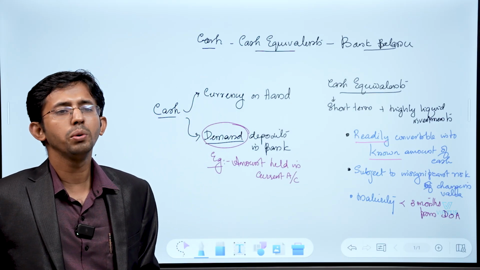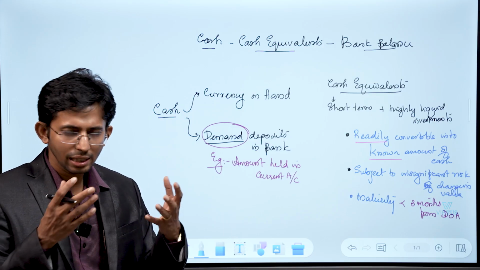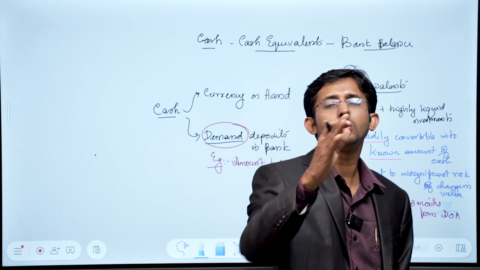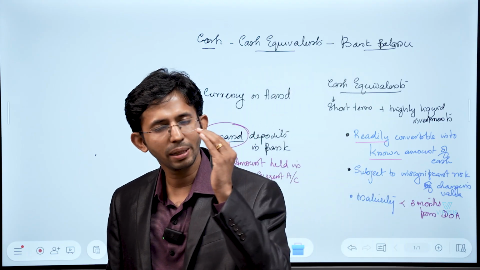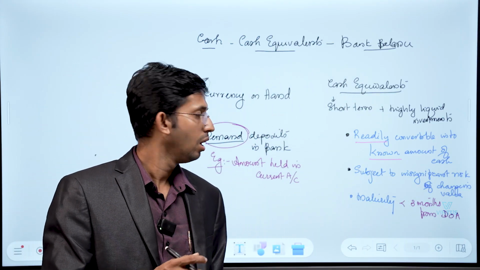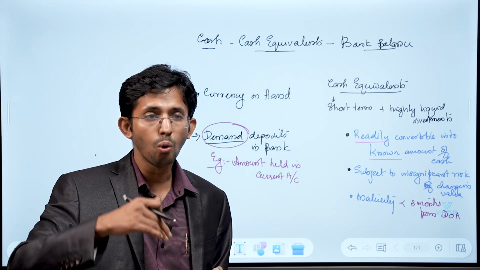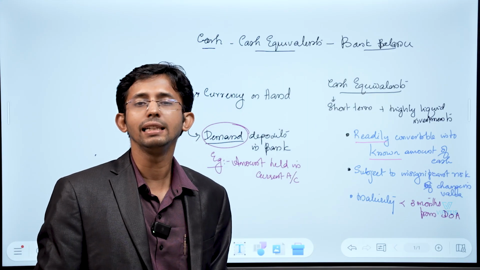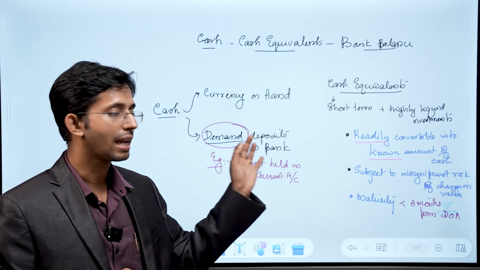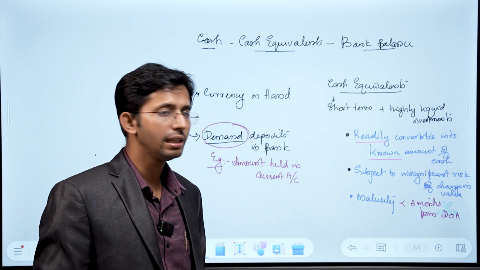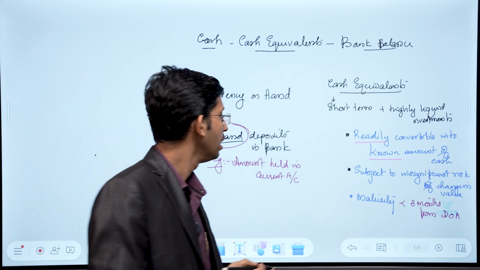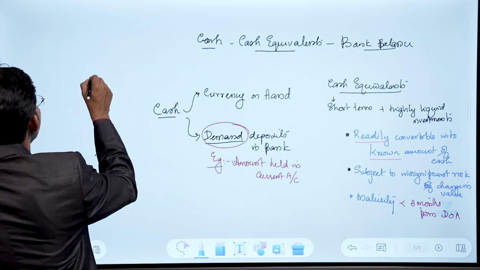Now, if I give you some examples on this, let's say fixed deposits up to 90 days. It will be what? Cash equivalents. But any fixed deposits with the bank where the maturity is more than 90 days will not be considered as a cash equivalent. Similarly, there could be other investments like treasury bills. You would have heard about T-bills.